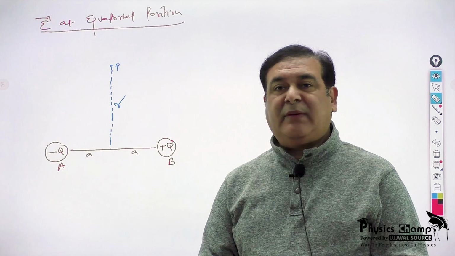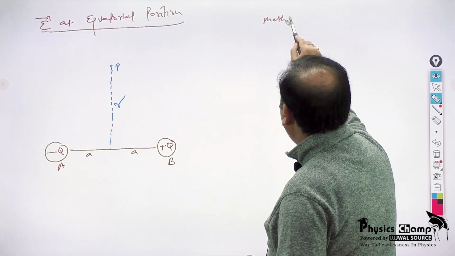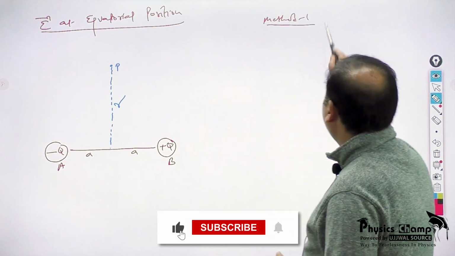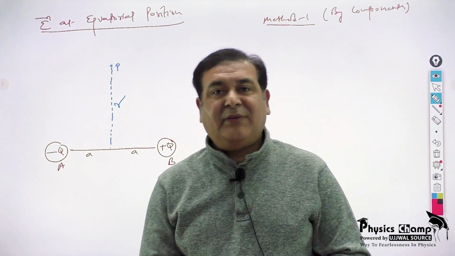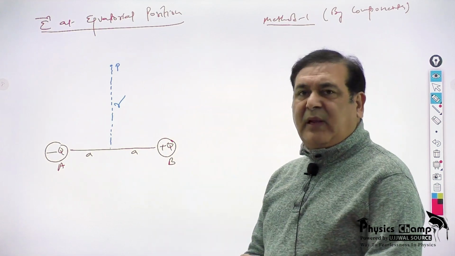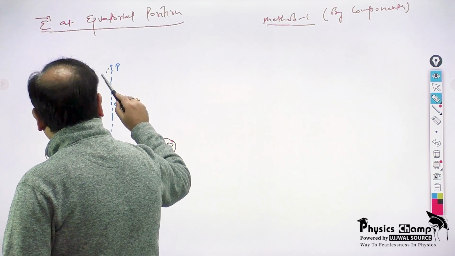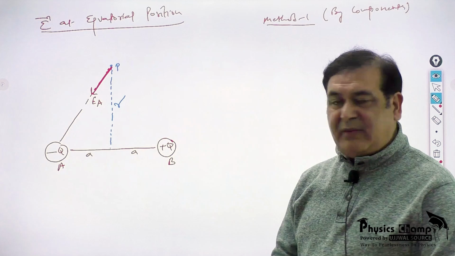So I have two methods. I'll first take method 1, whichever you like, you can go for that. Method 1 is by components, like you have studied in vector algebra in class 11th. At point P, the electric field due to A would be towards it, EA. This negative charge will provide an electric field towards it.